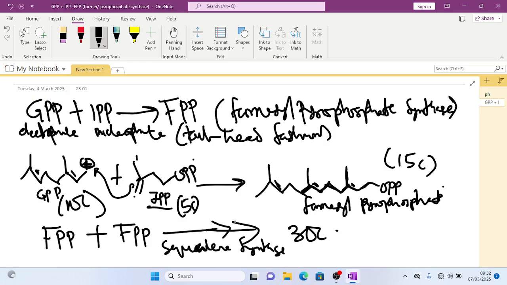And what can we say about this step? It's a very interesting step, very interesting because of the mode of combination of these two compounds.